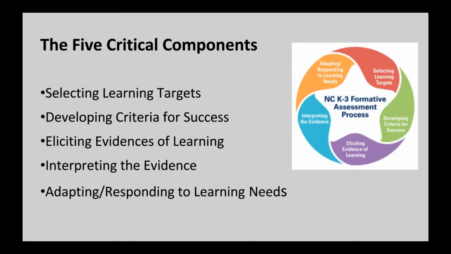So if we decide that a child is demonstrating skills at level C on a construct progression, then we want to look at what happens on D, on the D skill step. What are the things that we can do to help support the child to achieve that next learning target? And we develop those criteria for success. The criteria for success are exactly those things. When the child does this, I'll know that she has demonstrated something on that next skill step. And then we start all over. And we continue this process to continue supporting our students.